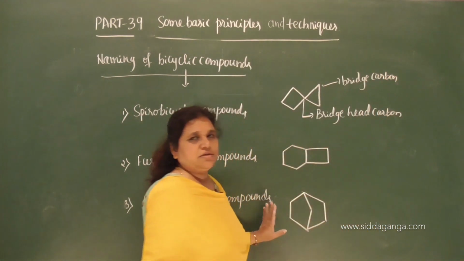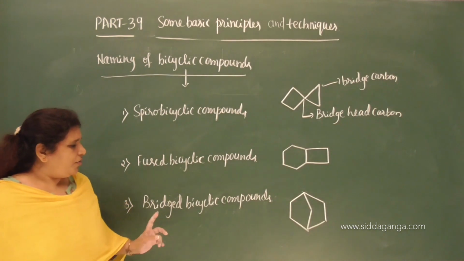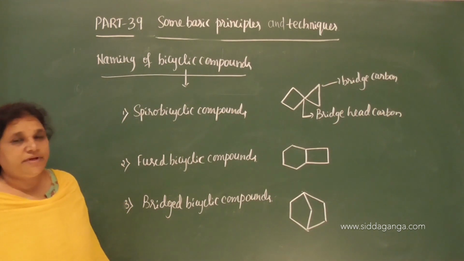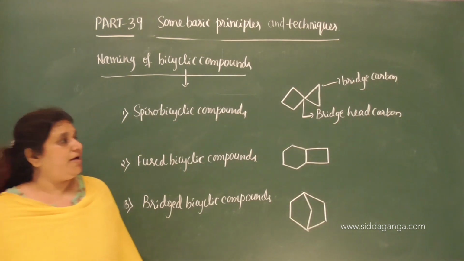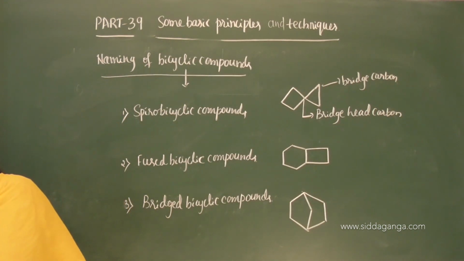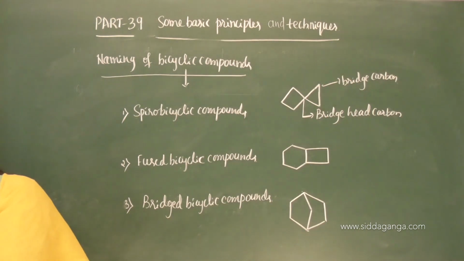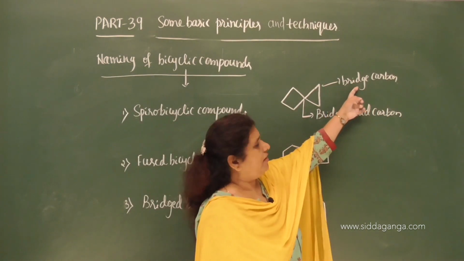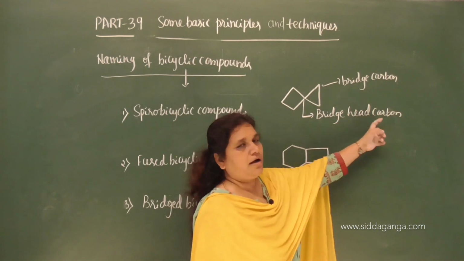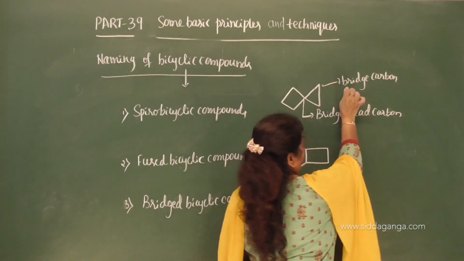Bridge carbon means it gives a bridge for two cyclic rings, that is bridge carbon, and this is called bridge head carbon. So, what is the bridge head carbon? So, this is bridge carbon and this is bridge head carbon. So, this is bridge head carbon.